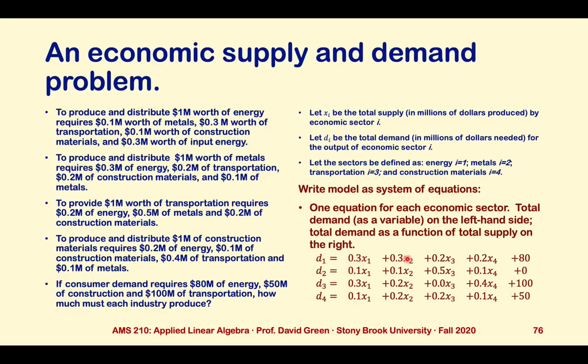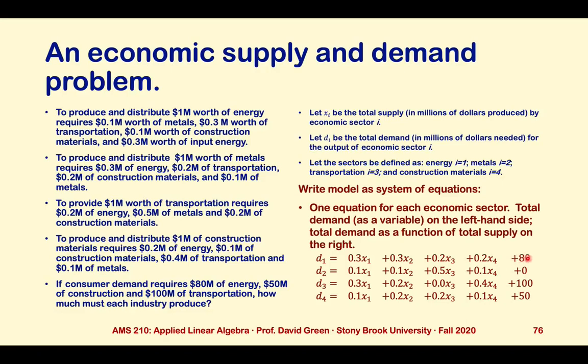For every million of metals, we need 0.3 million of energy, so we have 0.3 times x2 as a demand of energy. For every million of transportation, we need 0.2 million of energy, so there's a demand of 0.2 x3 here. And for every million of construction materials, x4, there is also a 0.2 million demand of energy, so there's a 0.2 x4 demand here. In addition, there's a consumer demand of 80 million.